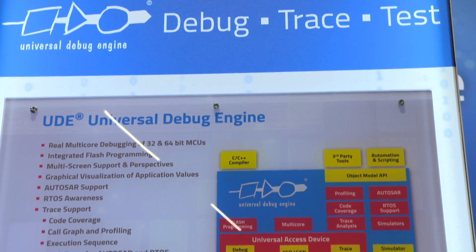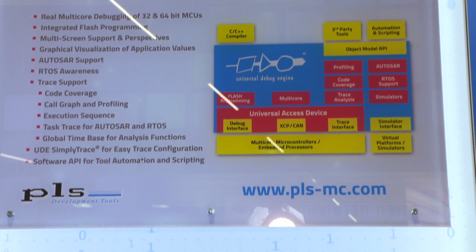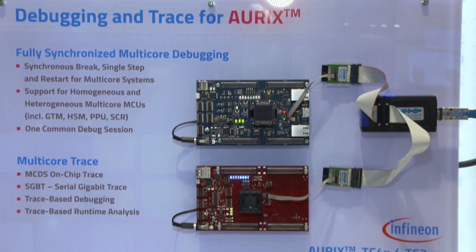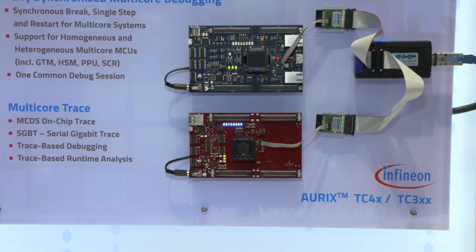So it's all about debugging, tracing and testing. We show our new version of the UDE, which is the Universal Debug Engine, the UDE 2025. And we show at our booth the complete range of software development, starting from development in the pre-silicon phase. That means based on simulators.